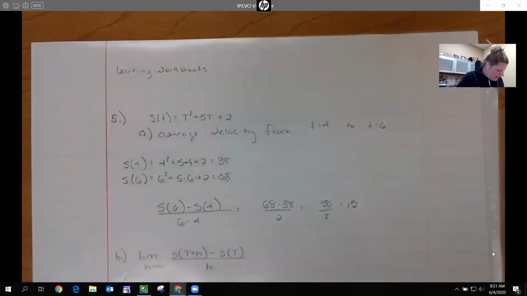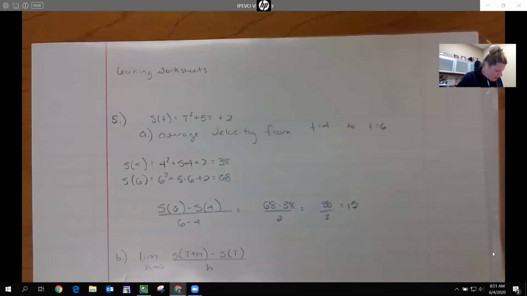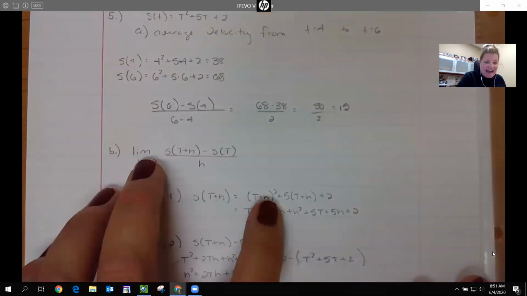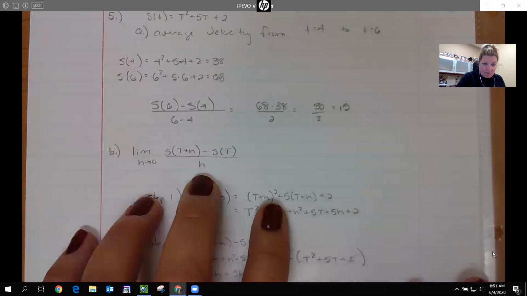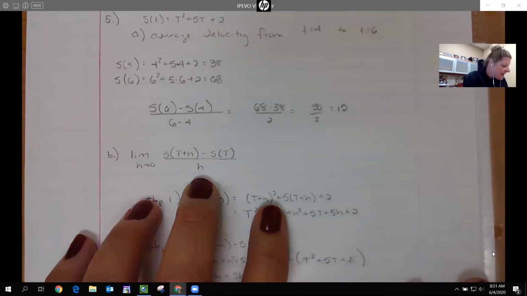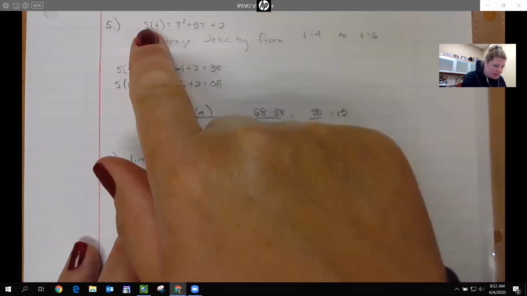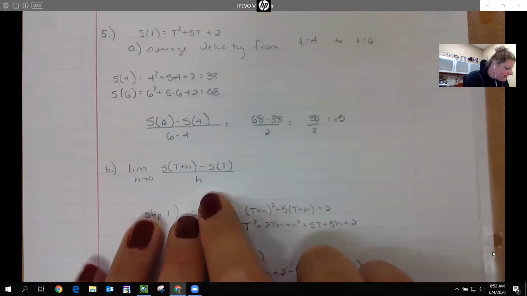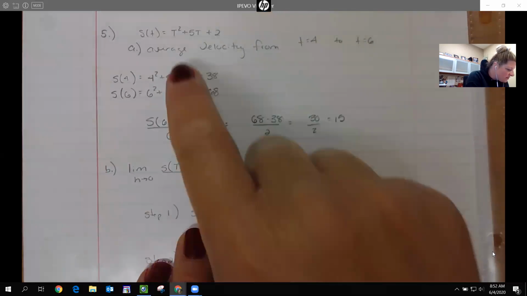All right, if I wanted to know the velocity at x equals 4, then I would know I have to find that derivative, okay? And the s is our function right here. I wanted it to still show. So what do I do for the derivative? I plug in the t plus h into the t spots.